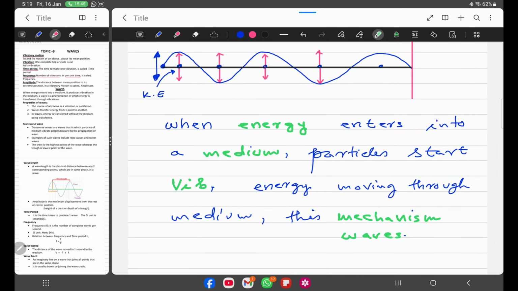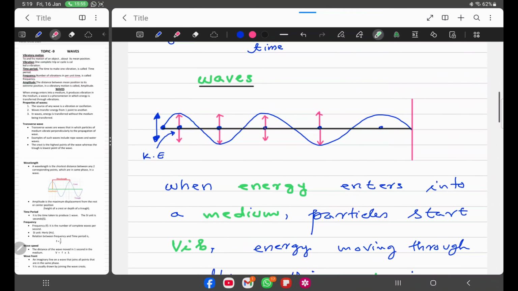So waves are used to transfer energy. The mechanism of transfer of energy is wave. When energy enters into a medium, the particles of the medium start vibration, and by this mechanism, energy is transferred from one point to the other. So this mechanism is called wave motion.